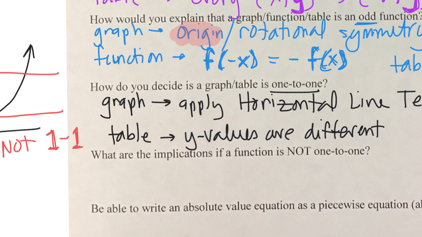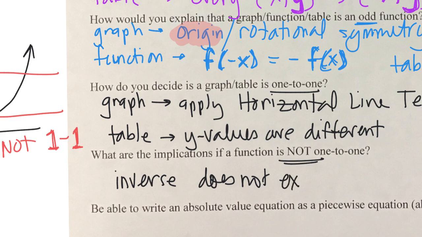What are the implications if it's not 1-to-1? That means that the inverse of your function does not exist. That is why we do the 1-to-1 test, to see if the inverse exists.